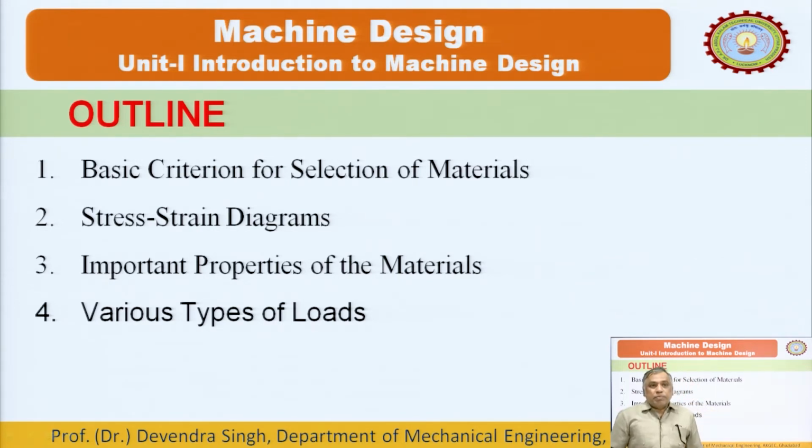And important properties of materials from the strength design point of view. Then various types of loads which we come across during practical application. So, these are the basic four points we are going to discuss today.